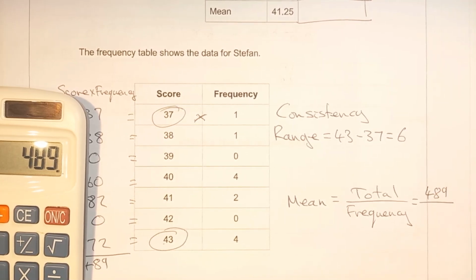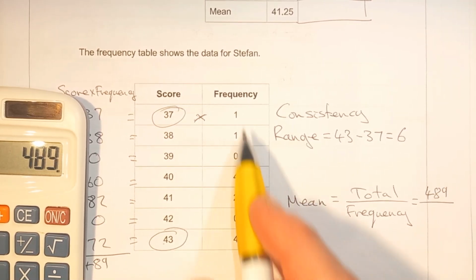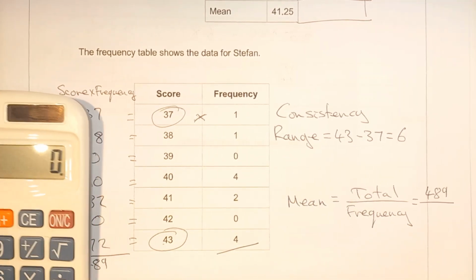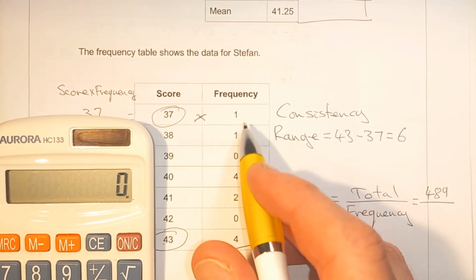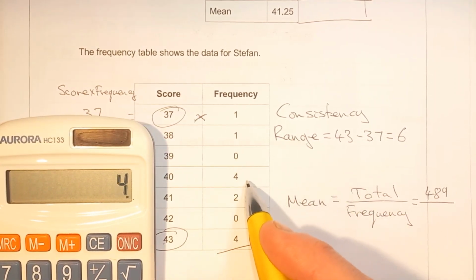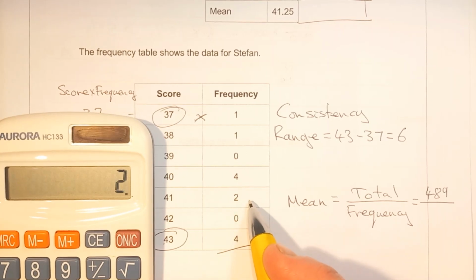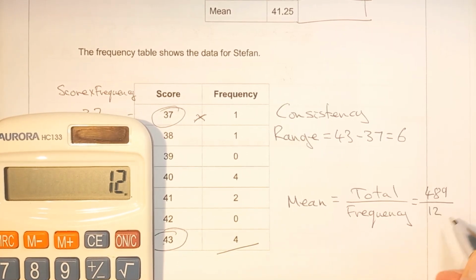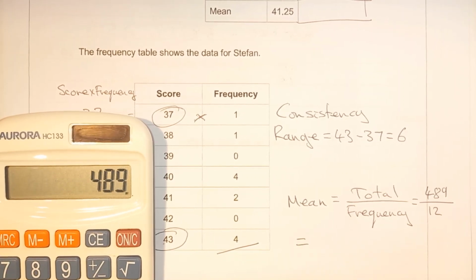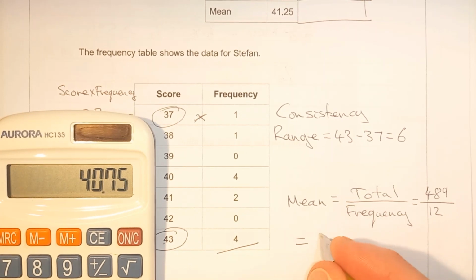And when you divide it by how many there were, well, how many is going to be the total of this frequency. So we had 1 plus another 1 plus 4 plus 2 plus another 4. So 12. So 489 divided by 12 gives 40.75.